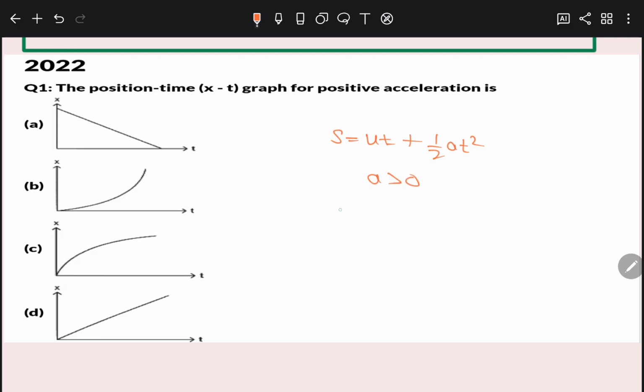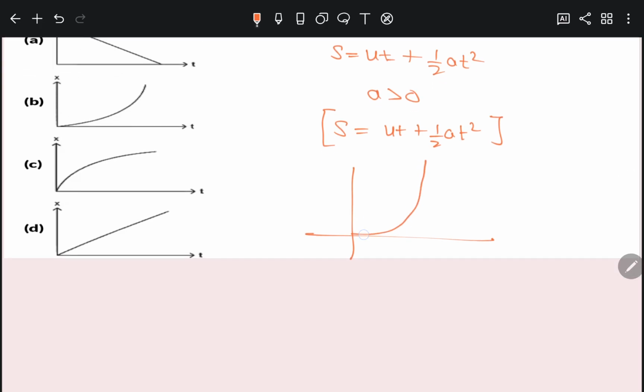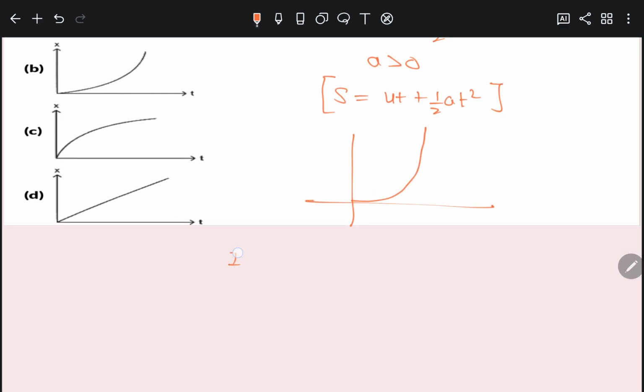For positive acceleration, the position time graph is like this, and if in the same question they ask for retarding acceleration, the position time graph becomes like this.